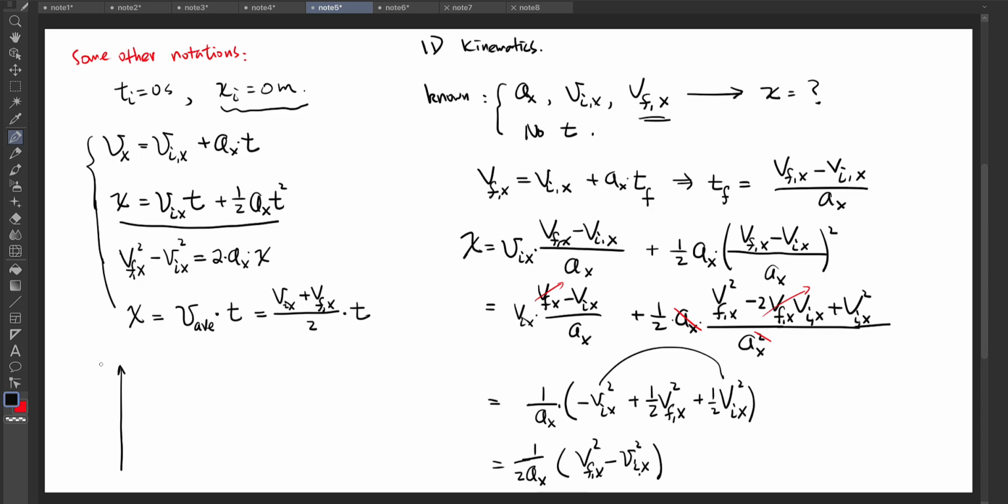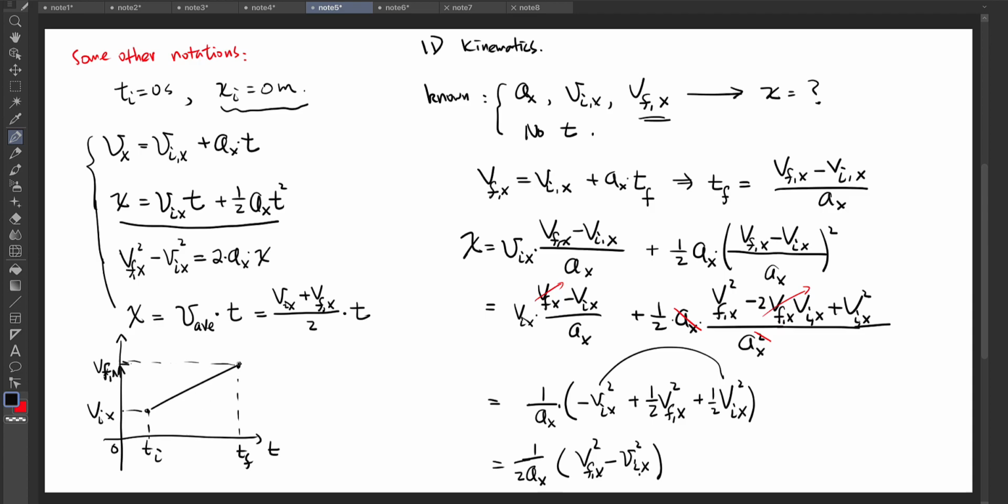If you have v versus t that looks linear, and that's t final, and that's t initial, this point corresponds to v final x.